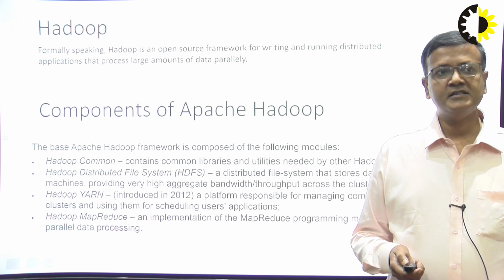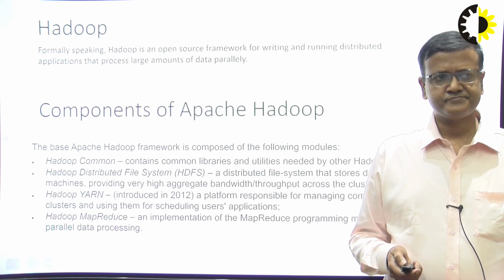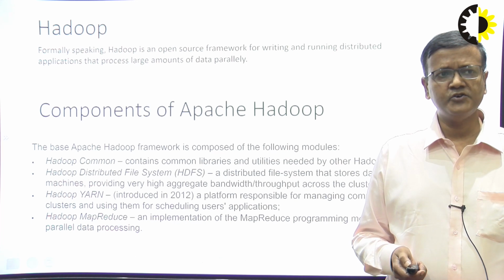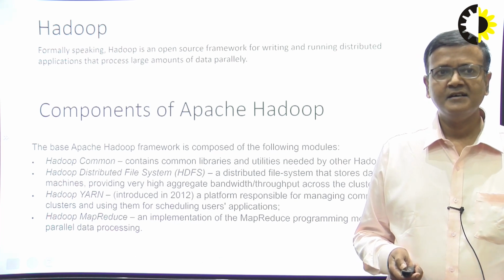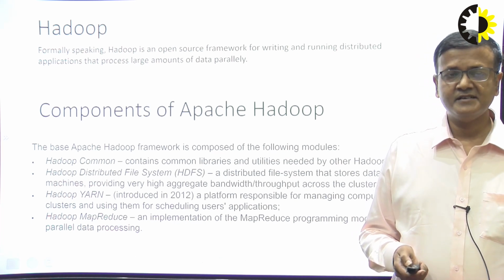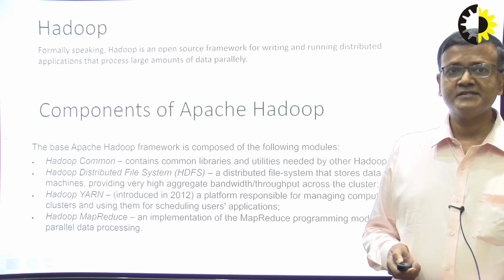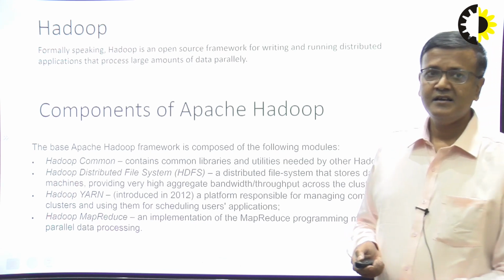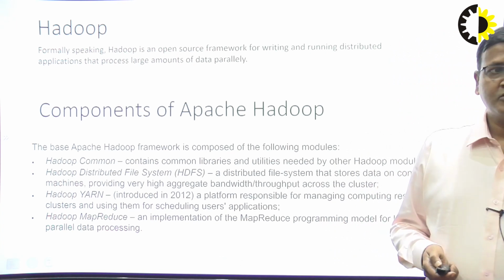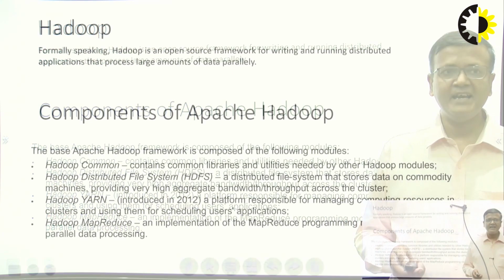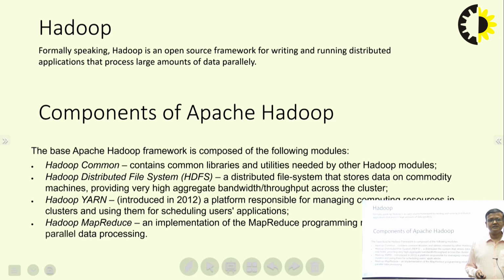And then we have got the HDFS, which stands for Hadoop Distributed File System, which is a distributed file system that stores data on commodity machines, providing high aggregate bandwidth and throughput across the cluster. So, across the nodes of the cluster.